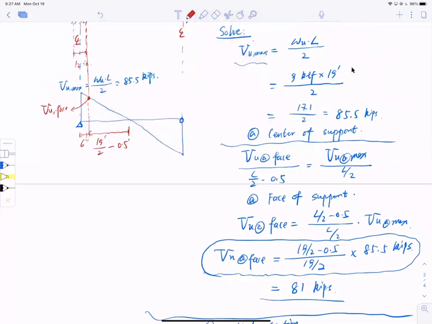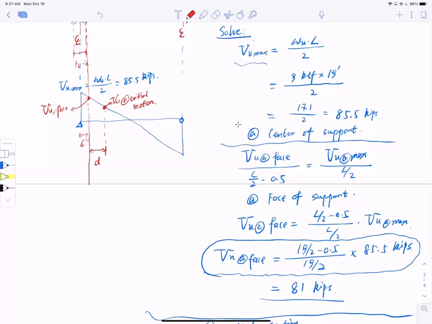We said the critical section is going to be d, the depth, away from the face of the support. So this is the critical section, and we want VU at critical section.